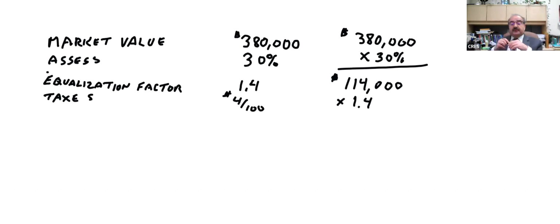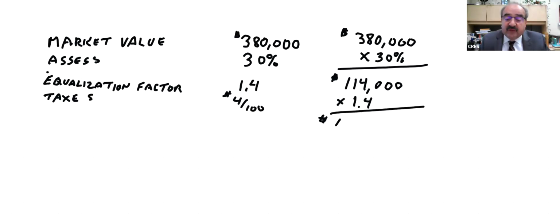In this case, it happens to be 1.4. On a state exam, it could be 2.2, 1.8, 1.2, 1.35. If I multiply the assessed value of $114,000 by 1.4, that's going to give me $159,600. The $159,600 is called the equalized assessed value.